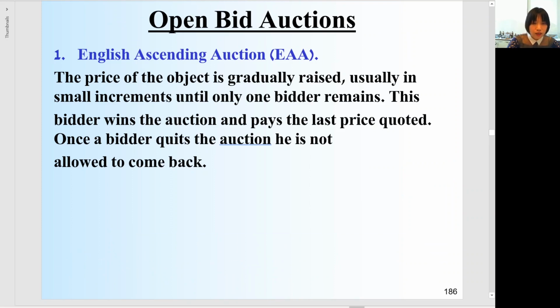What is an English ascending auction? So the price starts at a very low level and gradually increases every round. And in every round, a bidder needs to indicate if he wants to stay or he wants to drop out. As price increases, there will be fewer and fewer bidders, so the price will increase until there's only one bidder who still shows interest.